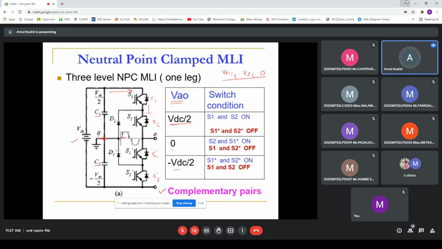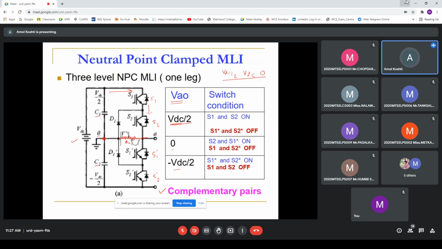For understanding, let us assume we have connected an R load here. Its current will come to this A point, to the neutral point O, and the circuit will be finished. So across R, we are now getting VDC by 2 voltage.